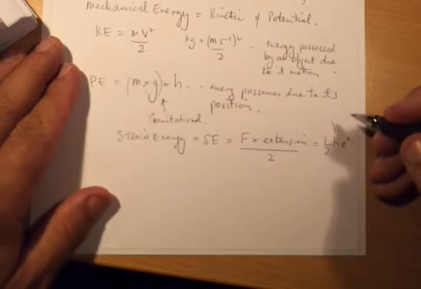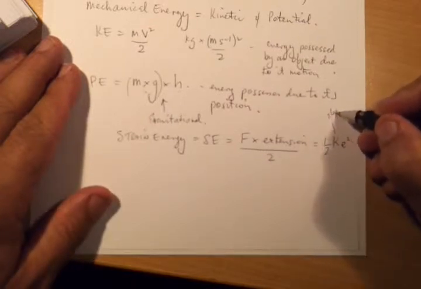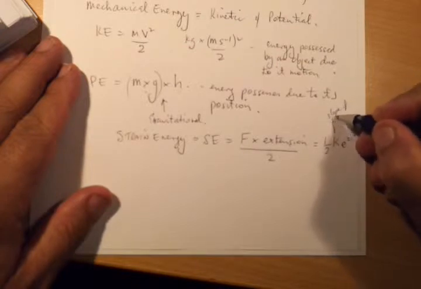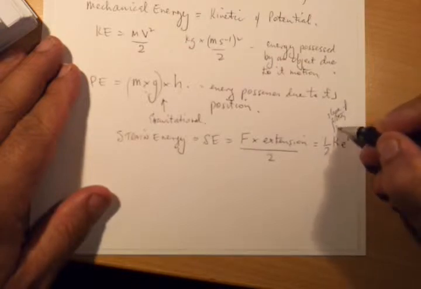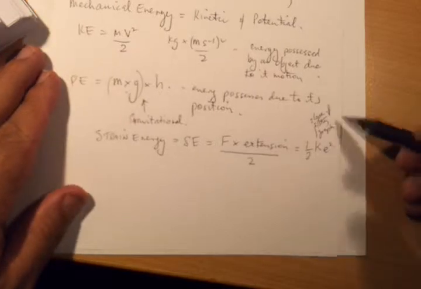Now k is the slope of the stress-strain graph. Remember that stress-strain graph we looked at earlier?